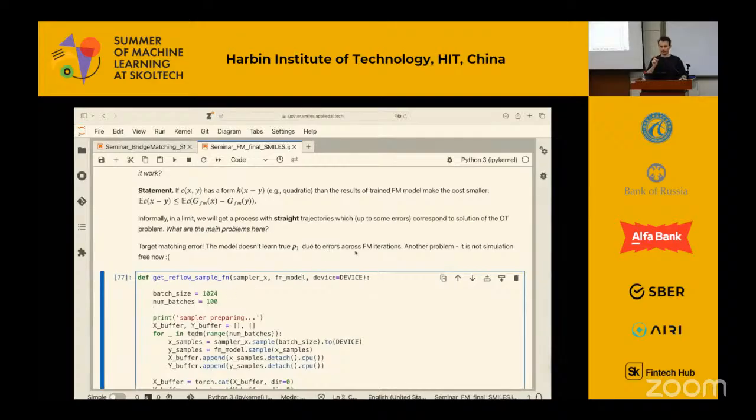Another problem of this rectified flow is that the training procedure is not simulation free now. Can someone say why our training procedure is not simulation free now?